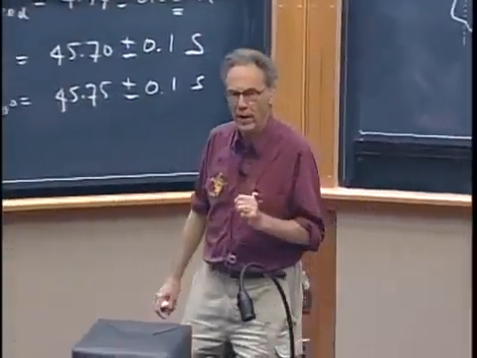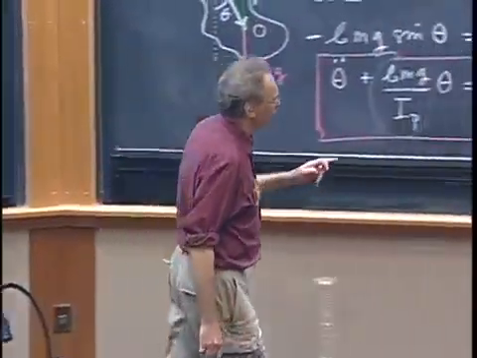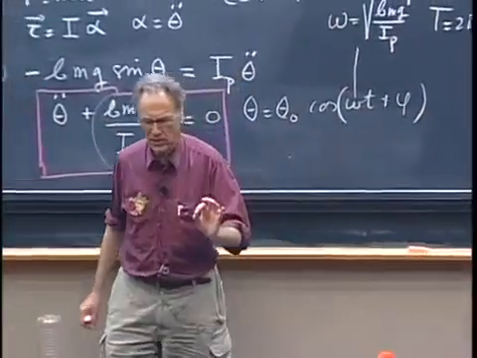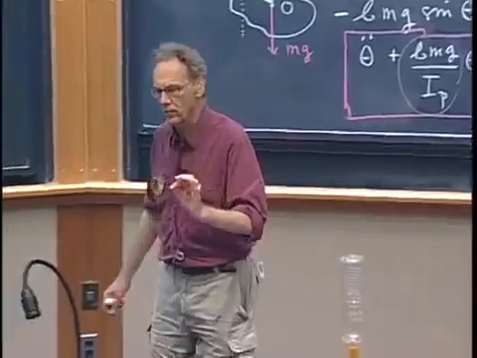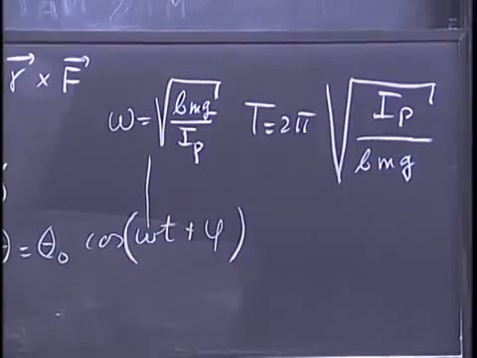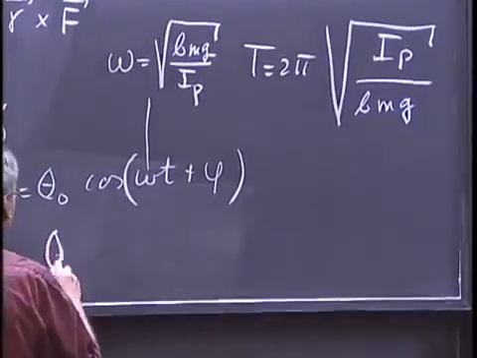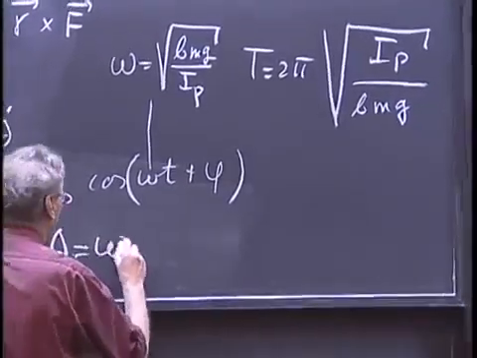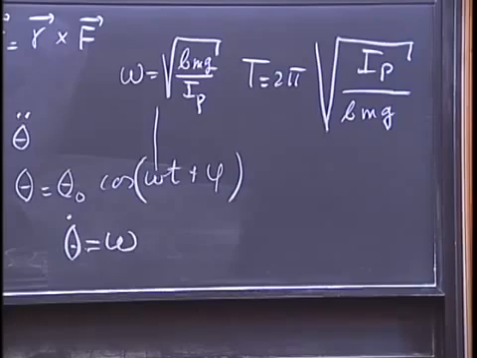I want to repeat what I said earlier. This omega is called angular frequency. The angular frequency is a given. Do not confuse that with theta dot, which we also call omega, which is called angular velocity. And the angular velocity in this case is a strong function of time.